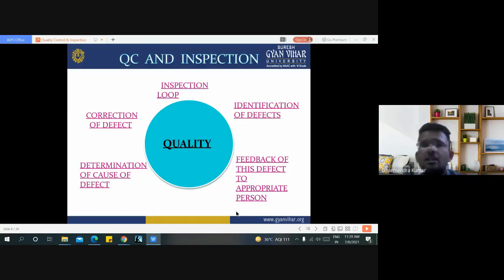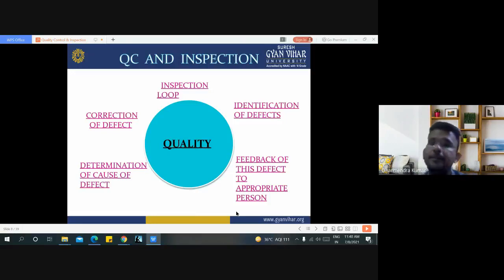Inspection loop: any inspection loop is during the machining process, or during the quality check of raw material. We also check this in the inspection process. Identification of defects: on the basis of examining the parameters, or on the basis of testing the parameters, we find various types of defects, and the reason behind these defects.